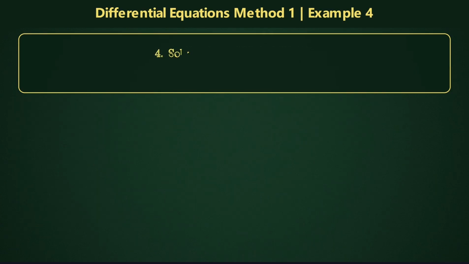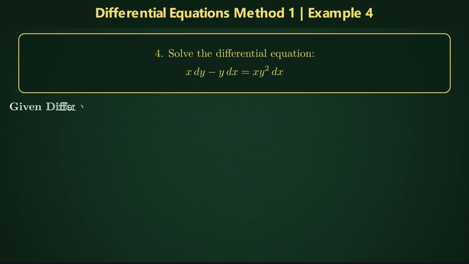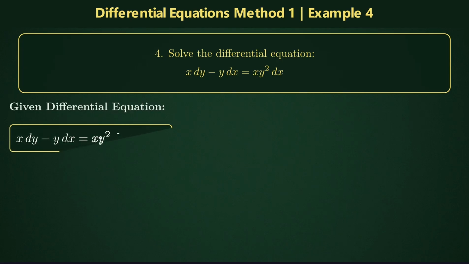Let's solve the fourth question. x dy minus y dx equals x times y squared dx. We start with the given differential equation. The equation is x dy minus y dx equals x times y squared dx. First, we divide both sides of the equation by y squared.